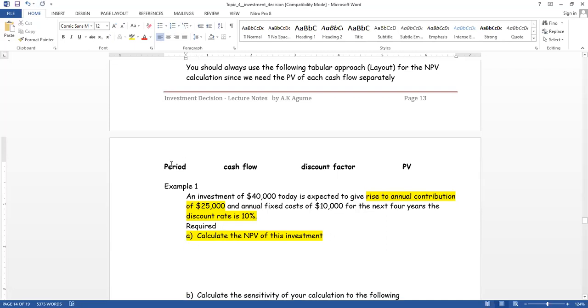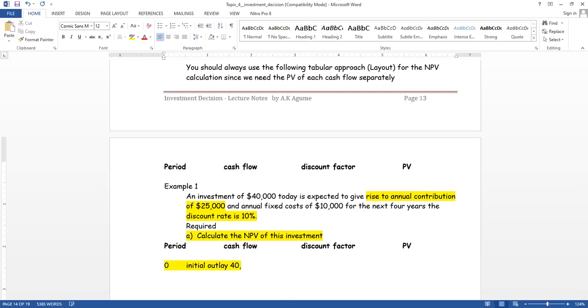Now for me to compute the NPV of this investment, I have period 0. This is where I have the initial outlay, and the initial outlay in this case is 40,000.